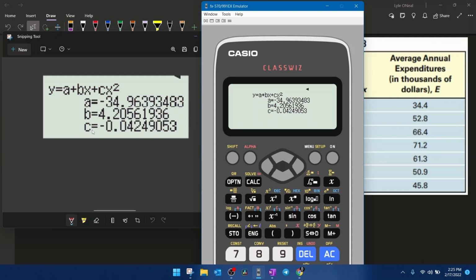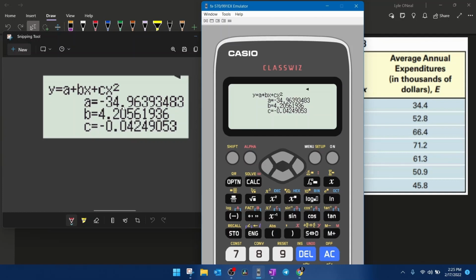If you know anything about quadratic functions, you're going to know that the coefficient of x squared, if it's negative, causes the parabola to open down. And so this makes us feel good about our calculation, knowing that the data modeled an inverted parabola.